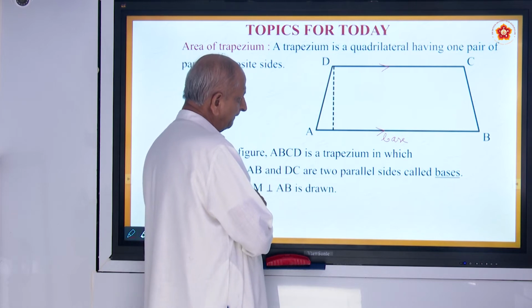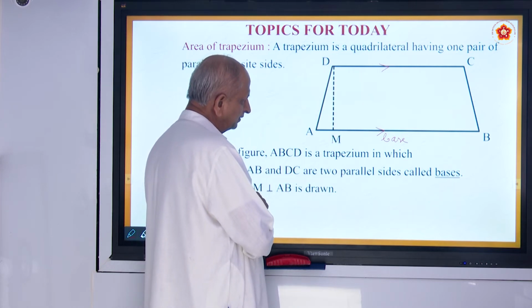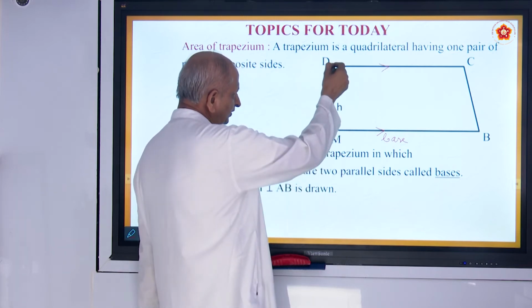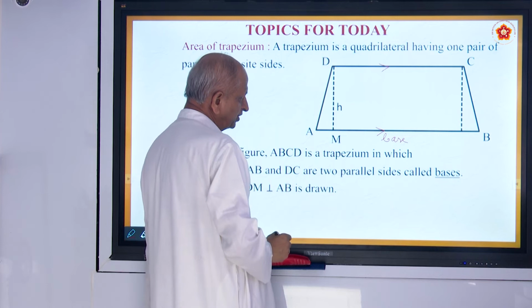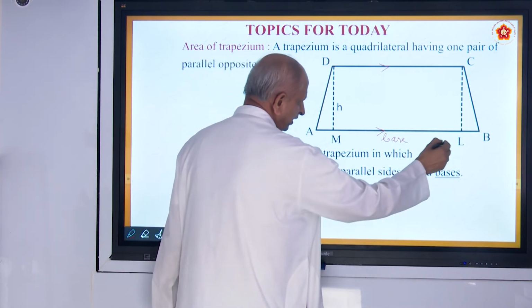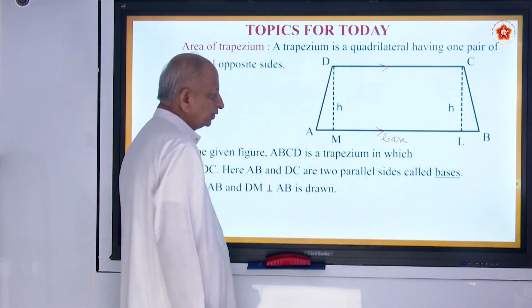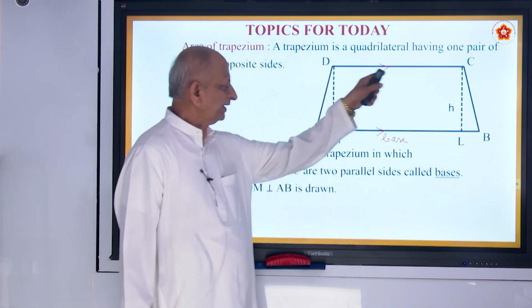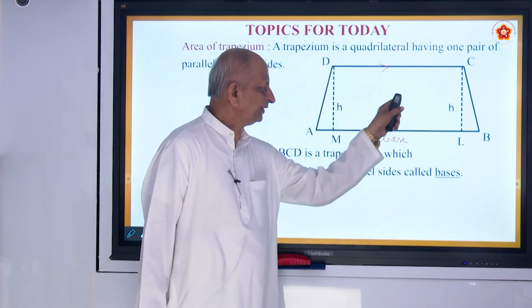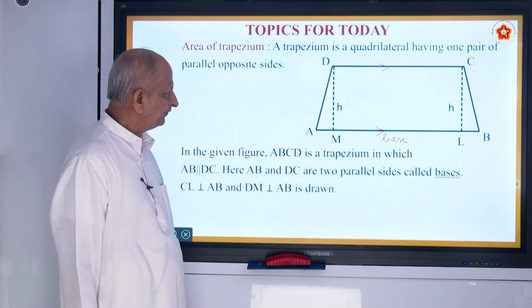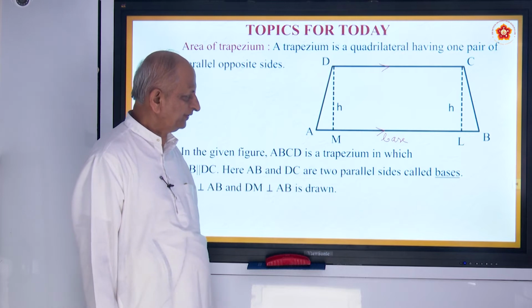So if you draw a perpendicular, see, this is DM, you call it as H, and this is CL, that is also H. So here, because they are parallel lines, the distance between them will be the same, correct? So this is the figure of a trapezium.